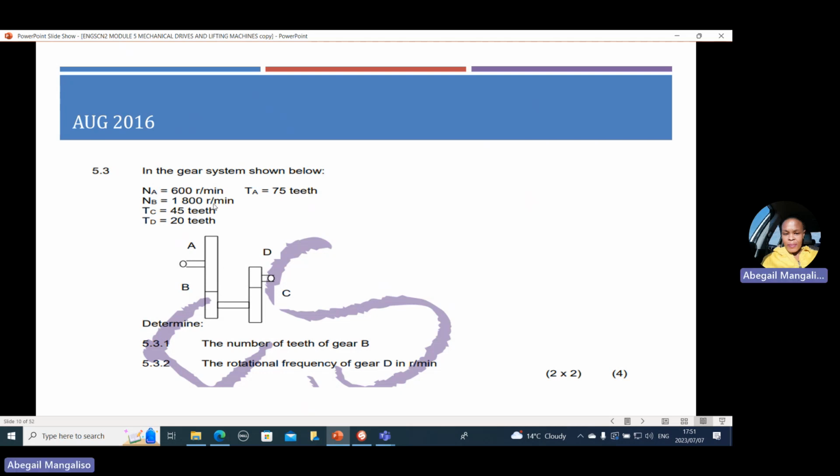For B, you're given the rotational frequency, that is 1,800. As you can see, gear B is smaller than gear A, so it has many revolutions compared to A. The smallest gear has more rotation compared to the larger gear. Now, gear B also has a shaft. It's keyed or mounted on this shaft, shaft B.